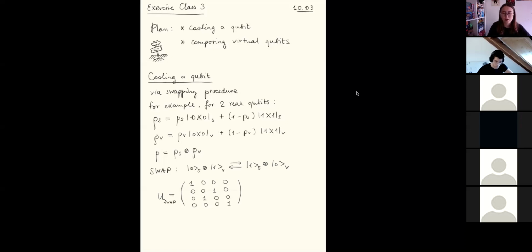And what happens to the state? Well, we can just see. We start with the state rho, which is rho_S tensor rho_V, which can be written as a diagonal state with entries P_S P_V, P_S(1 minus P_V), P_V(1 minus P_S), and (1 minus P_S)(1 minus P_V).